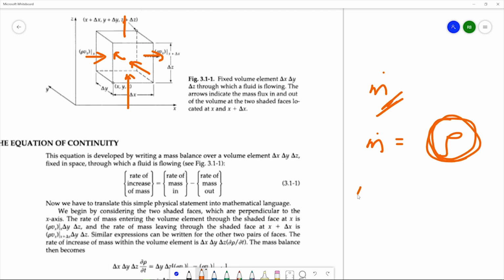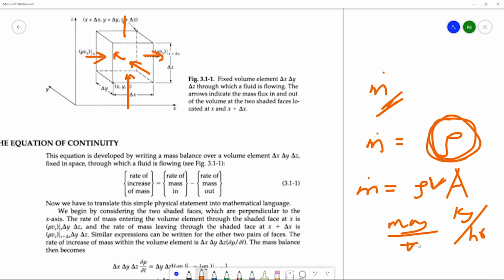So what will be the mass flow rate? Density times velocity, rho v, is nothing but mass flux. If you multiply it with area, then it is mass flow rate, with units of kg per hour, or mass per unit time. We will be using this formula for the balance.